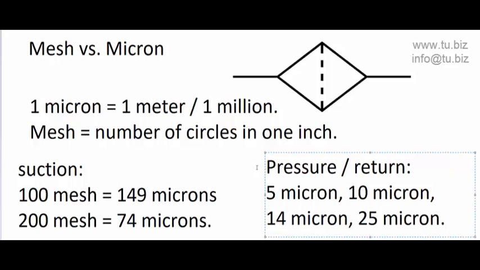Usually the 5 and 10 microns you can use in the pressure line. Usually 14 and 25 microns can be used on the return line filter.